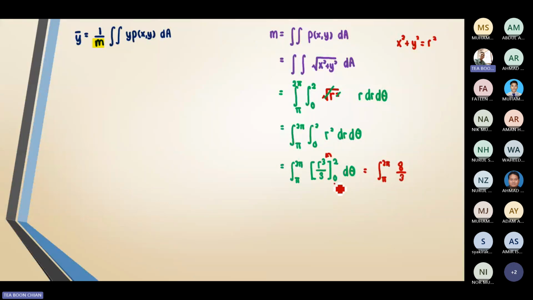Substitute 0 into it, 0. So 8 over 3 d theta. Integrate with respect to theta, you obtain one theta variable from pi to 2 pi. So this gives you 8 over 3 in the bracket 2 pi minus pi. And hence, your mass m is 8 over 3 pi.